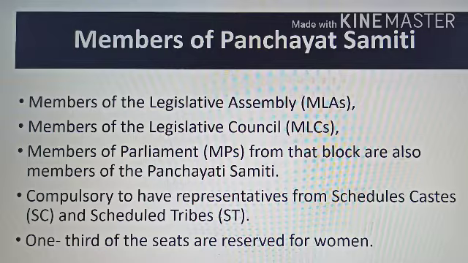Members of the Legislative Assembly, that means MLAs, members of the Legislative Council, MLCs, and members of Parliament, MPs from that block are also members of the Panchayat Samiti. It is compulsory that they have representatives from SC and STs, that is scheduled castes and scheduled tribes. And as we have discussed earlier, one-third of the seats are reserved for women.